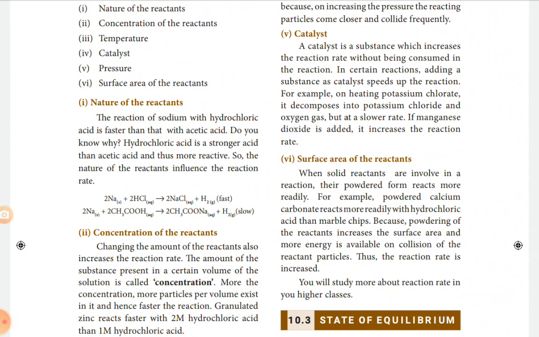But by the addition of manganese dioxide, MnO2, the rate of the reaction will be increased. So manganese dioxide acts as a catalyst which is going to speed up the reaction, and manganese dioxide will not undergo any permanent chemical change in this reaction.